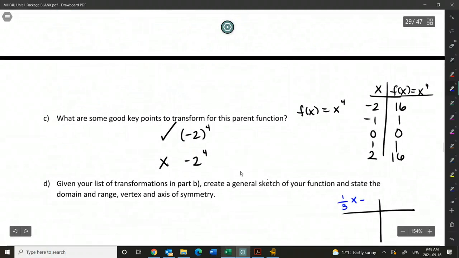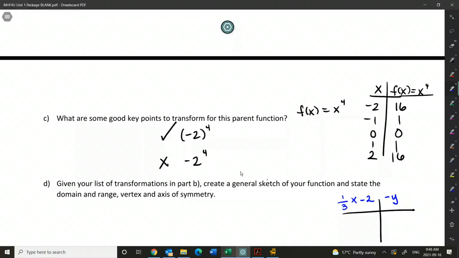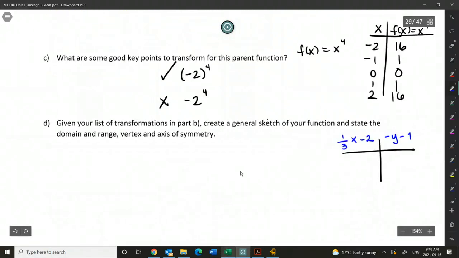Yep. Minus 2. And then on the right side, that's negative y. Yep. In that case. And then minus 1. Is it minus? Oh yeah, you're right. Minus 1. Perfect. So that's what I would use.